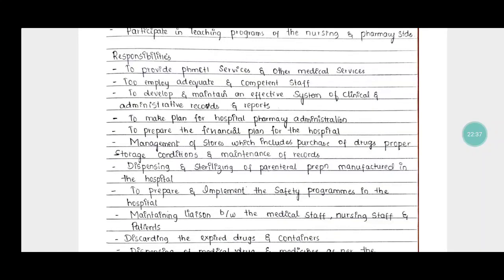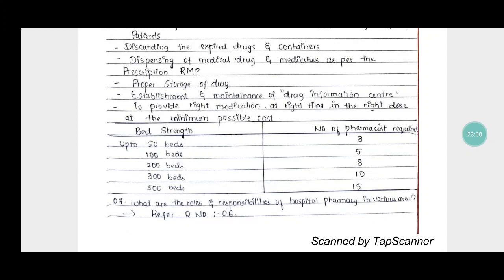Dispensing and sterilizing of parenteral preparations manufactured in the hospital, preparing and implementing safety programs in the hospital, maintaining liaison between the medical staff, nursing staff and the patients, discarding expired drugs, dispensing of drugs and medicines as per the prescription of the RMP, proper storage of drugs, establishment and maintenance of the drug information center, and lastly providing the right medication at the right time in the right dose at the minimum possible cost.